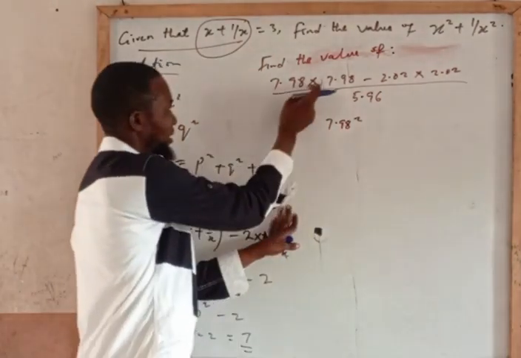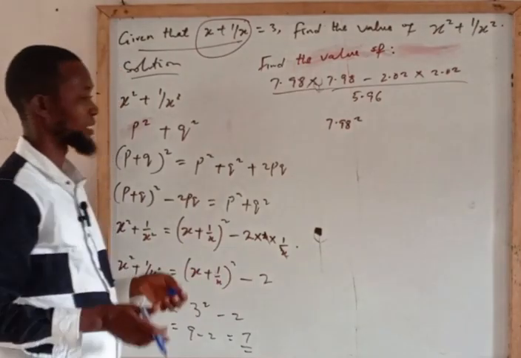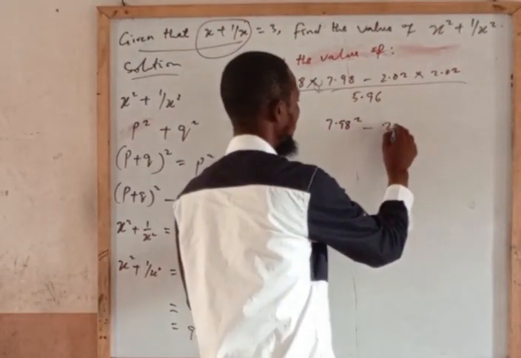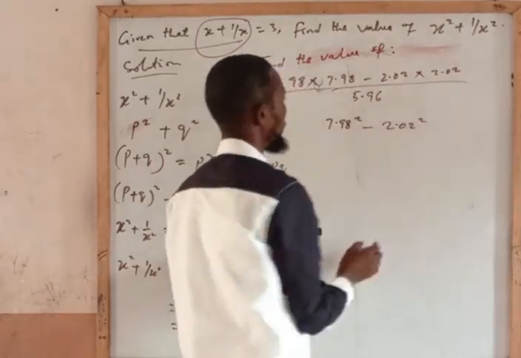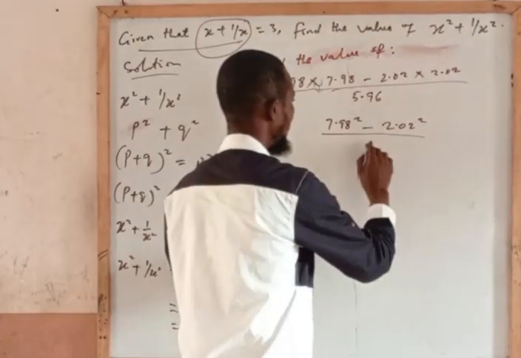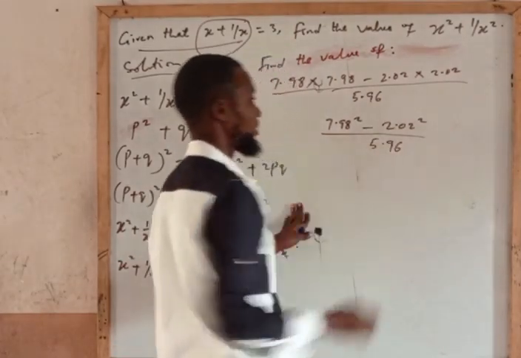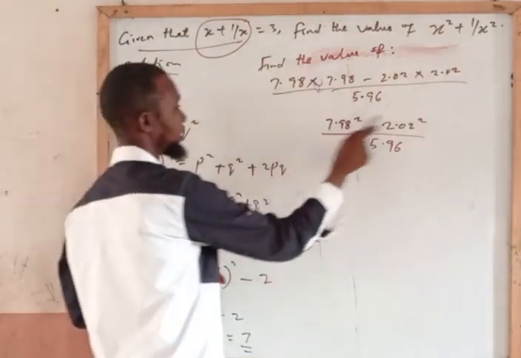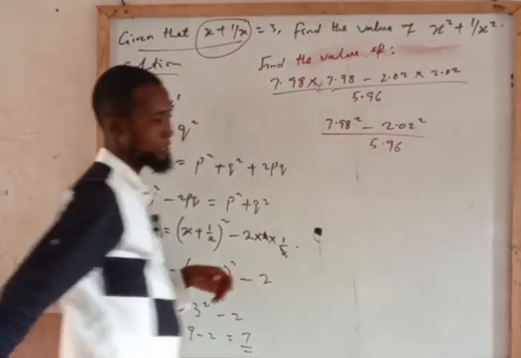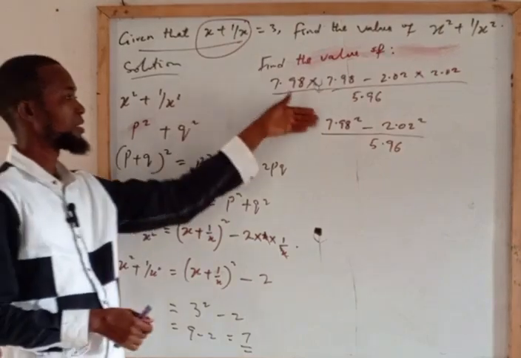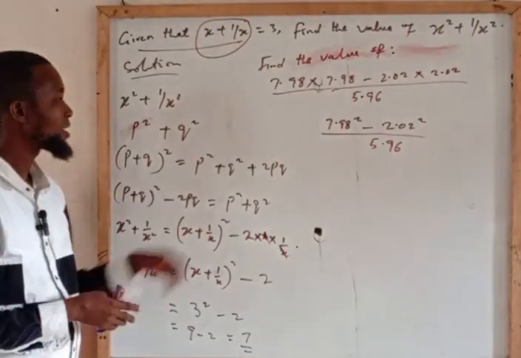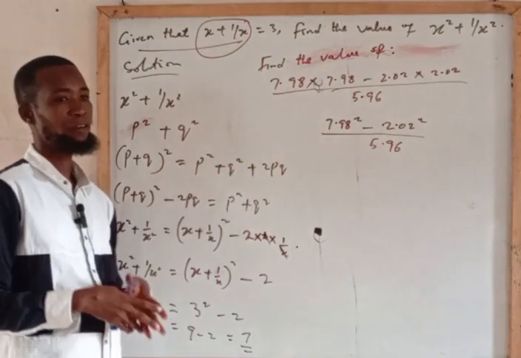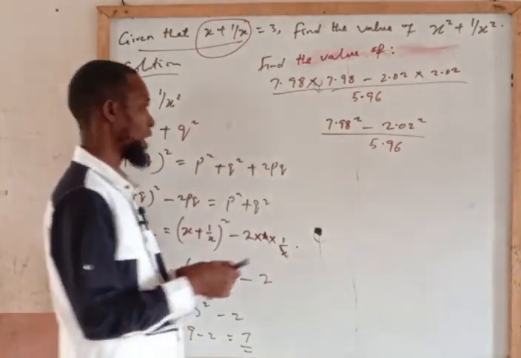Look at it, 7.98 and 7.98 is the same thing as 7.98 squared, followed by minus 2.02 squared, and everything is over 5.96. And you can see this is a squared difference, with minus placed in between them, meaning difference of two squares. So we need to think of the identities about difference of two squares.